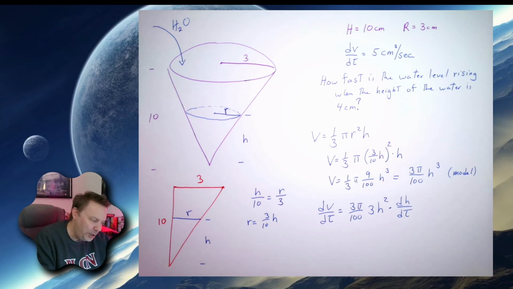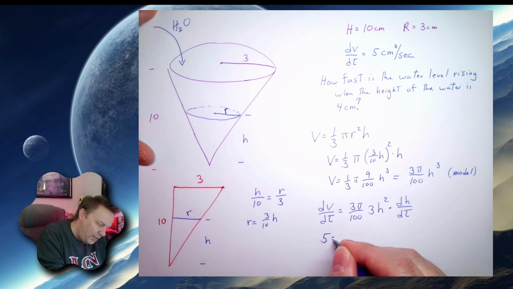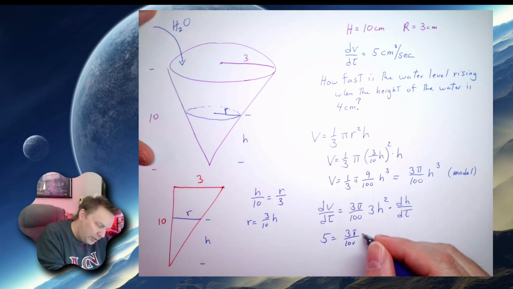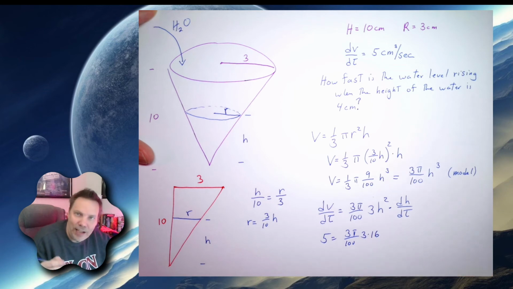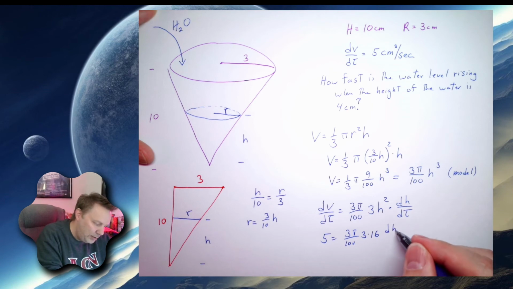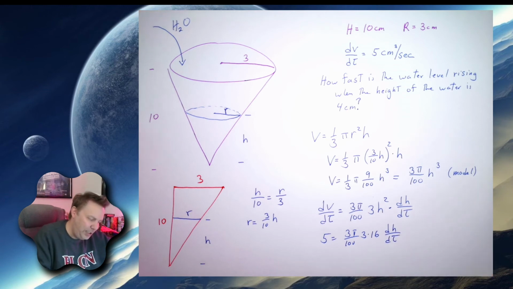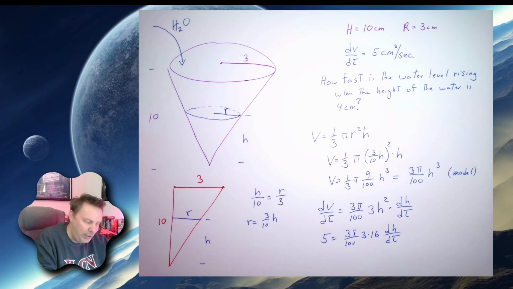So let me do that really quickly. 5 is equal to 3 pi over 100 times 3 times 16, that's 4 squared, times dH/dt. So what do we wind up getting at the end of this? Well, we're just solving for dH/dt.